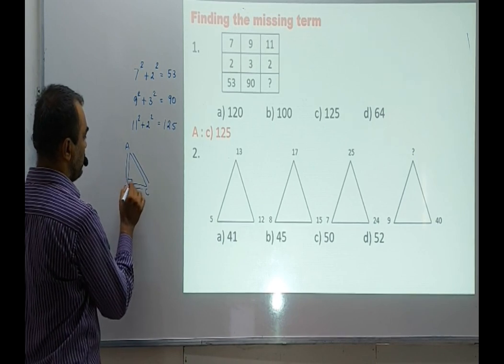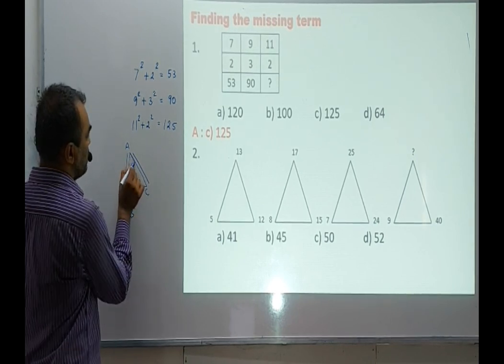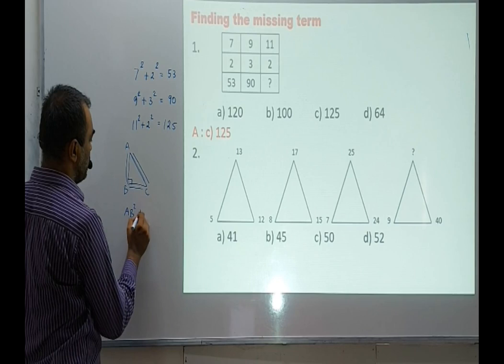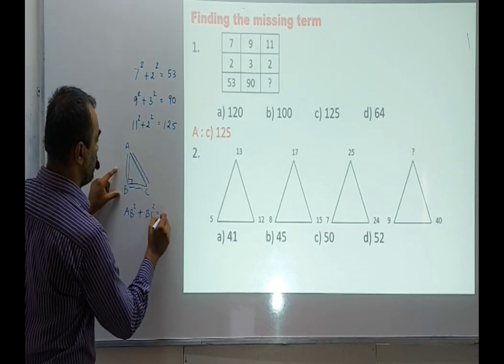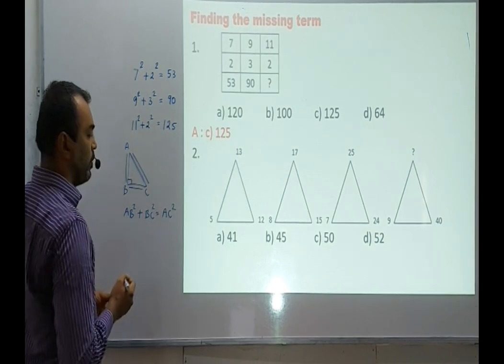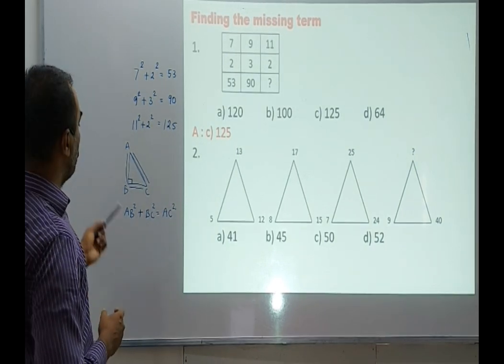This is a right angle. The side opposite to the right angle is called the hypotenuse. So the sum of the squares of the 2 sides is equal to the square of the hypotenuse. And we are going to check it out.